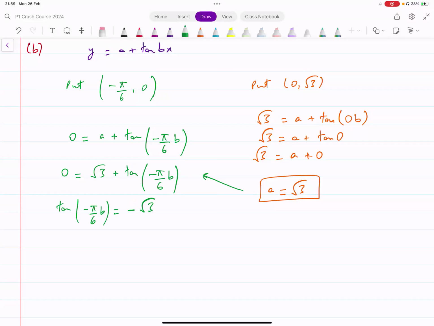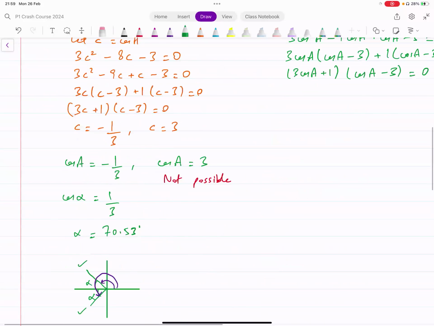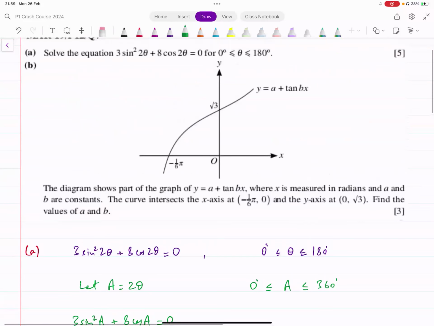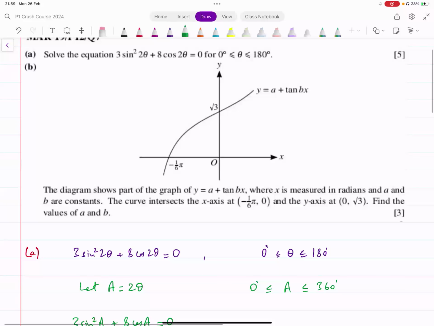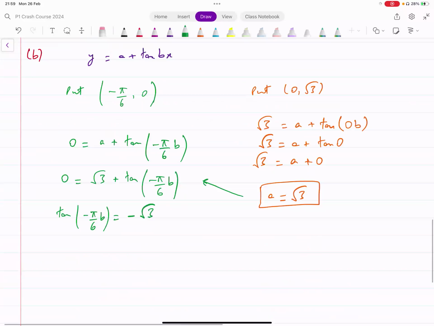Okay, so you can either solve this, or looking at the graph, could we think of the period of the graph somehow? It's crossing the x-axis at minus pi over 6 on that side. One possibility is to solve this equation, right?